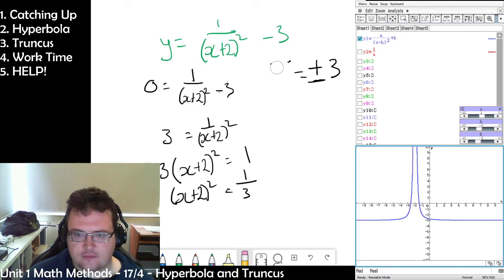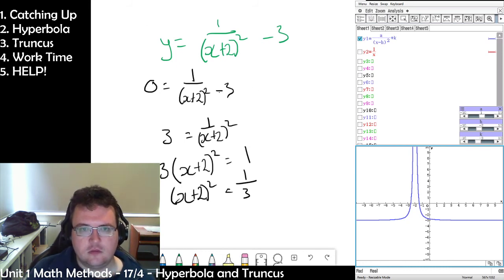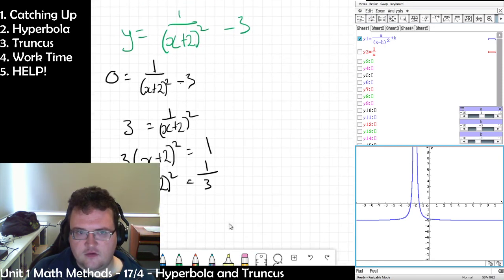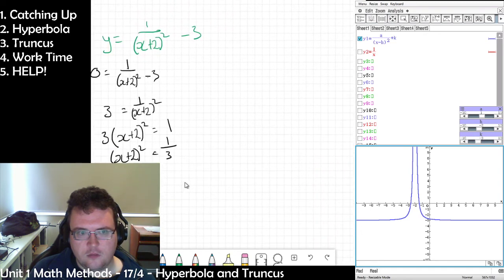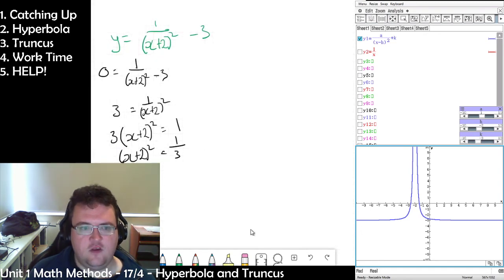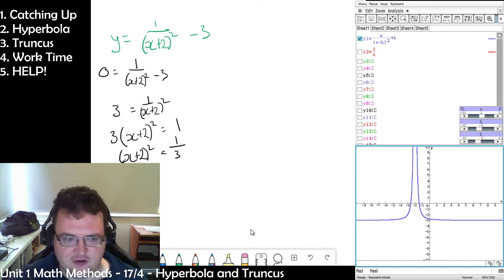So, in the case of my equation here, just going to move this out of the way a little bit. Yep, put it about there, I think. I'll eventually get better at doing this.